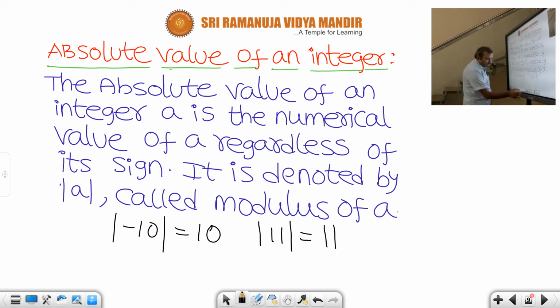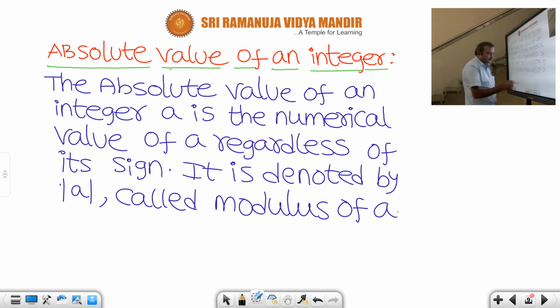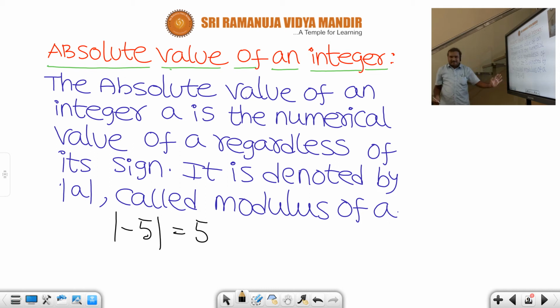Now another example: the absolute value of -5 is +5. Simply you have to remove the sign. That is all about absolute value.